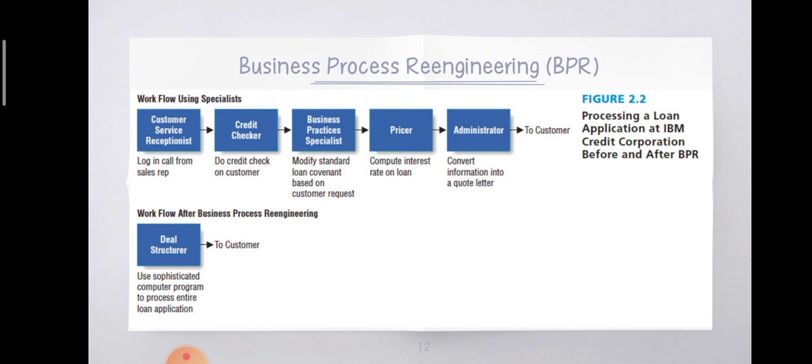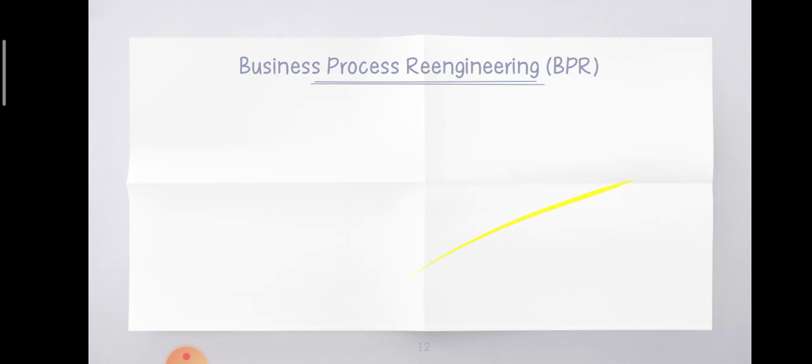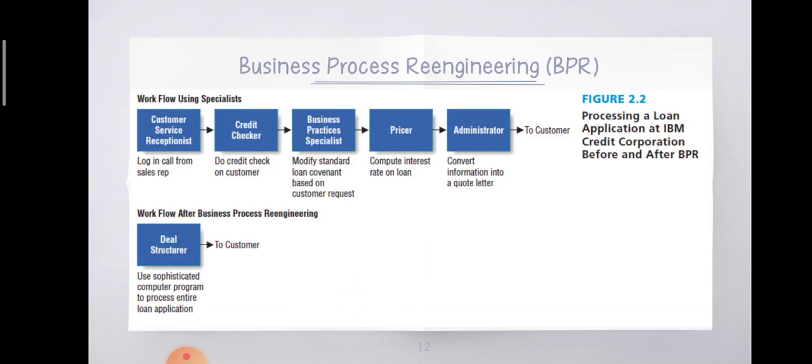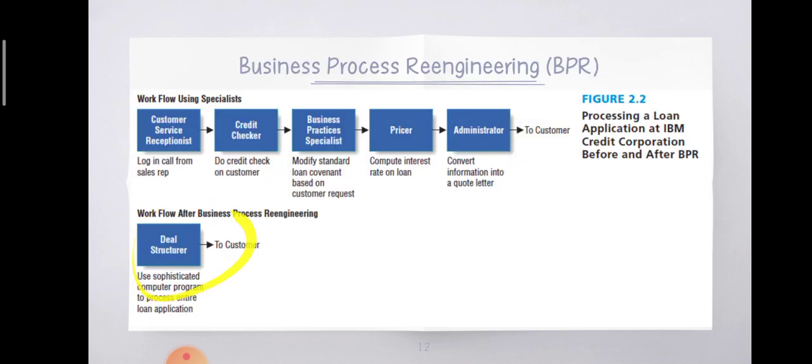But with the business process reengineering and the workflow analysis, they finally figured out they only need one person, and of course a computer or software they can use to aid the job. So ang loan nga makomplete within 6 days, makomplete na in 4 hours.